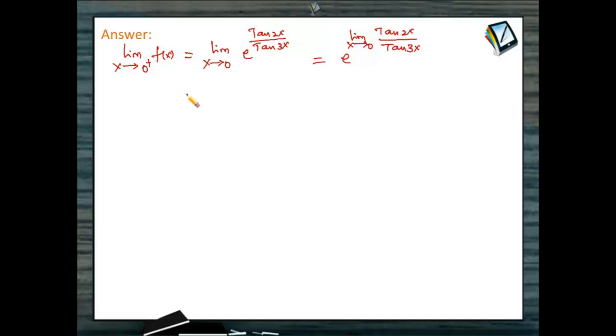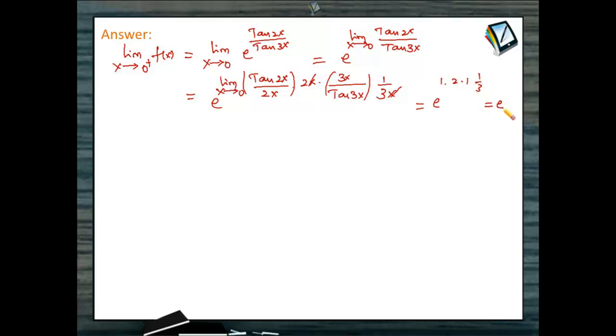So simply we need to convert them to standard trigonometric limits. That is limit x tends to 0 of tan 2x by 2x times 2x into 3x by tan 3x into 1 by 3x. Now this additional x gets cancelled. The rest of them all are in the standard form only. So this gives me e to the power of 1 into 2 into 1 into 1 by 3. That gives us e to the power of 2 by 3. We have calculated the value of limit x tends to 0 plus.